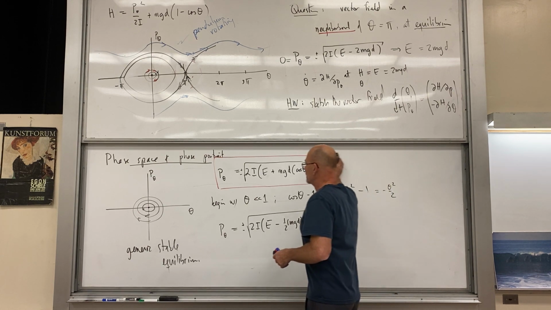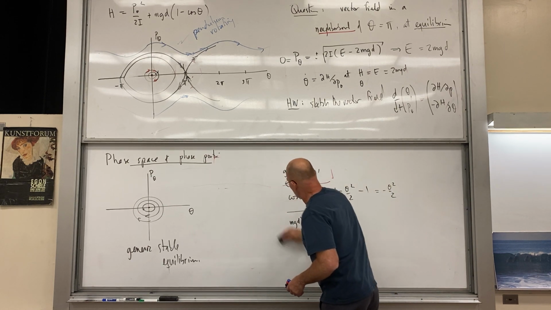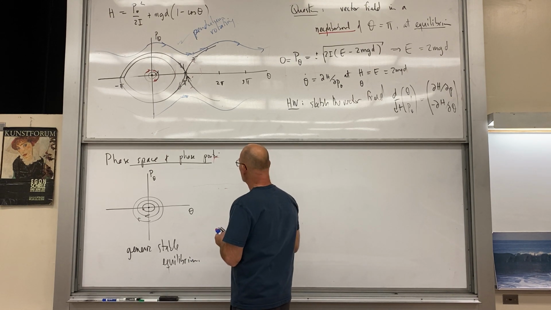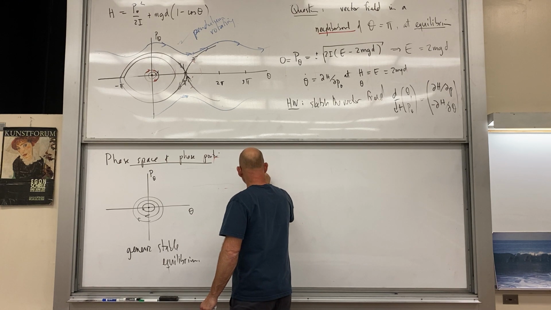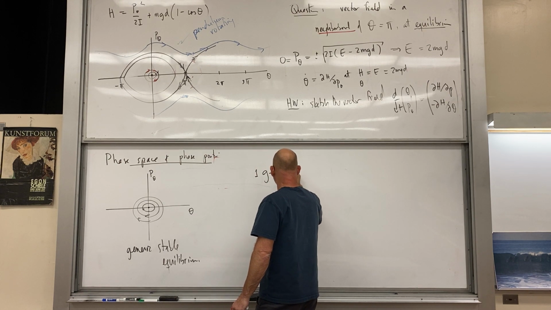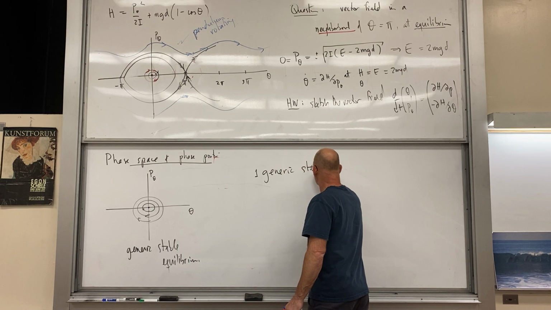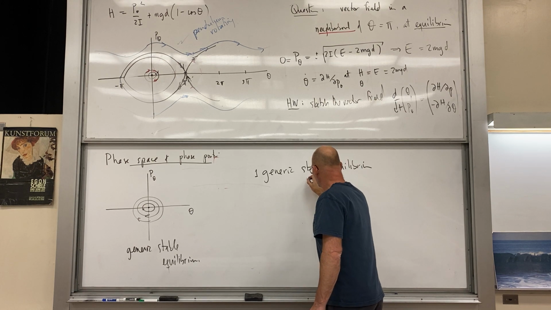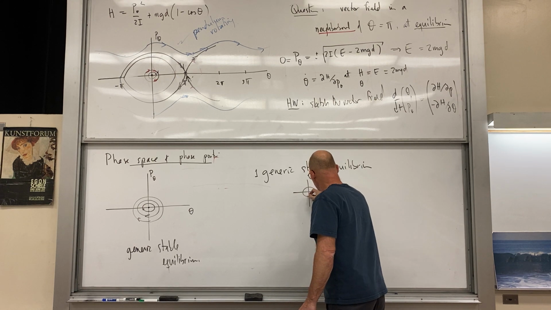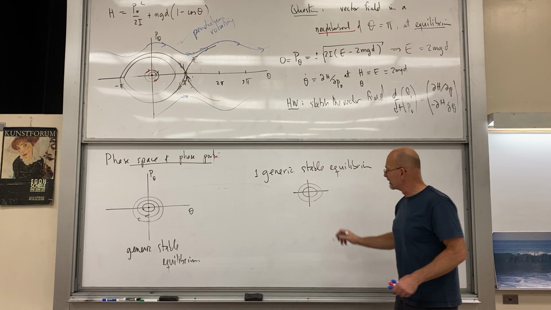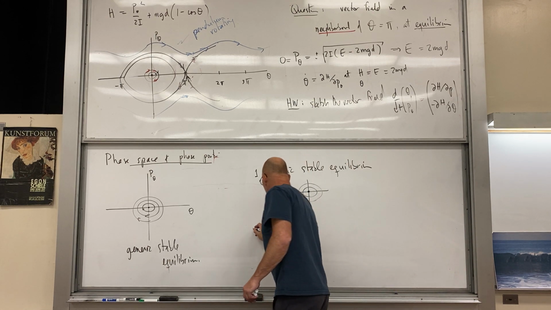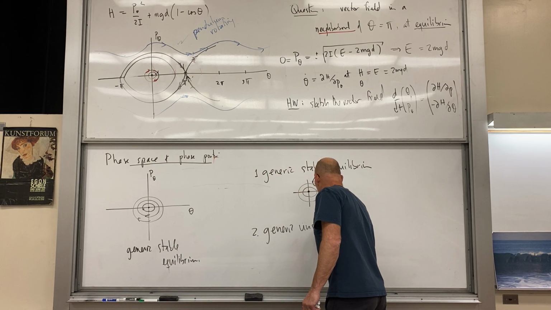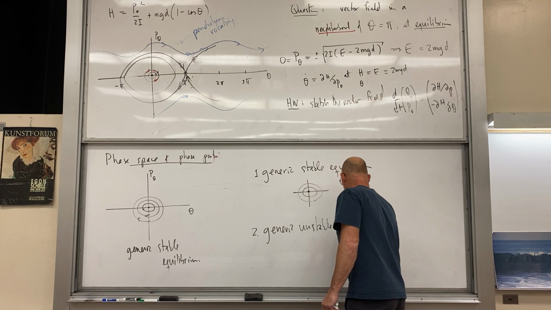Phase portrait. So let's call this here generic stable equilibrium, and that is these that we've now seen a couple times. There's a stable equilibrium point, and the generic unstable equilibrium.